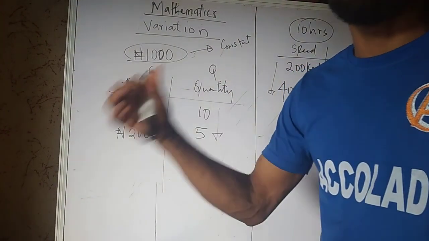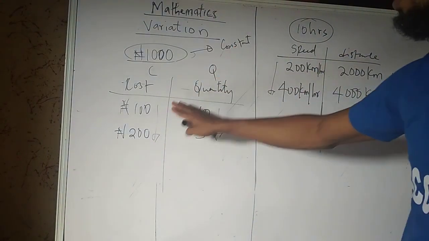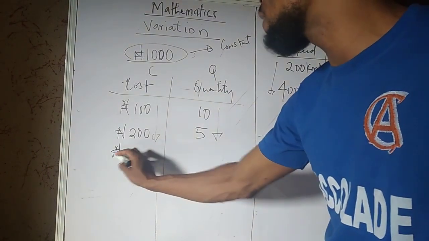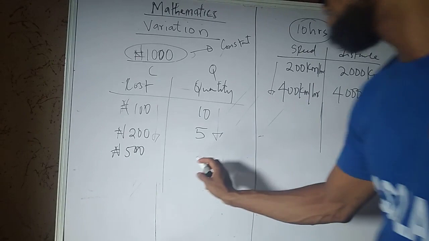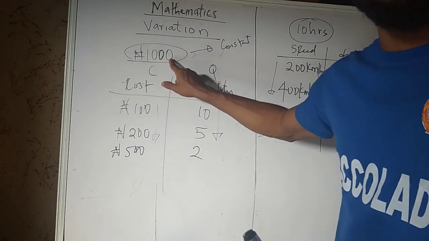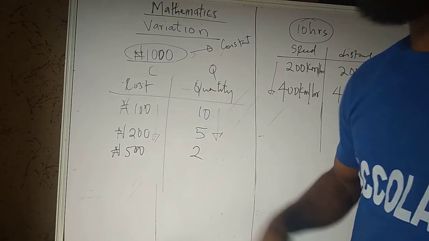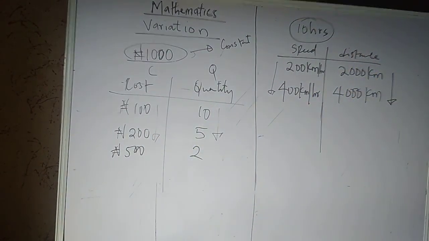Provided the constant does not change, this relationship will always hold. So if the cost of the cup of rice becomes 500 naira, then you're only going to be able to buy 2 cups. There will be no increase in the constant value. So provided this constant value is always there, then this relationship will always hold.